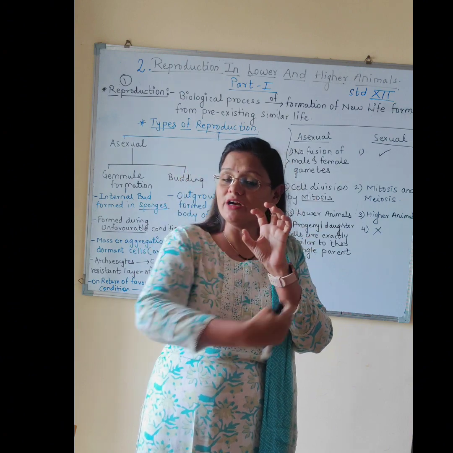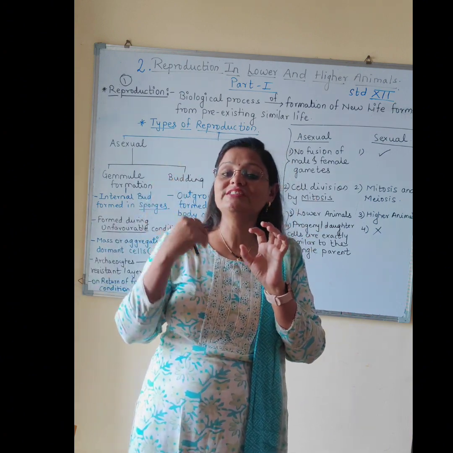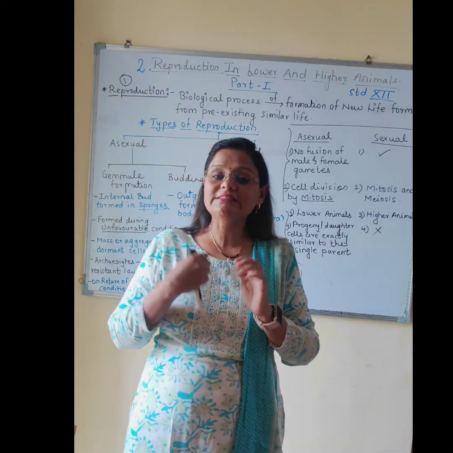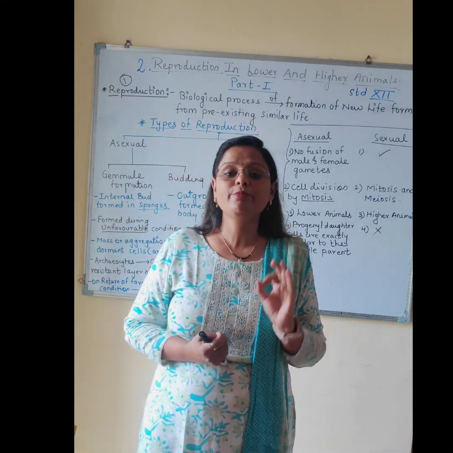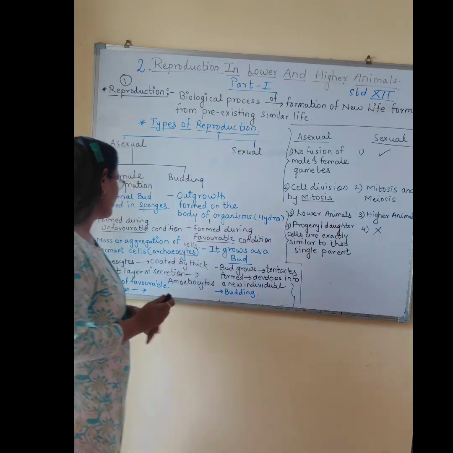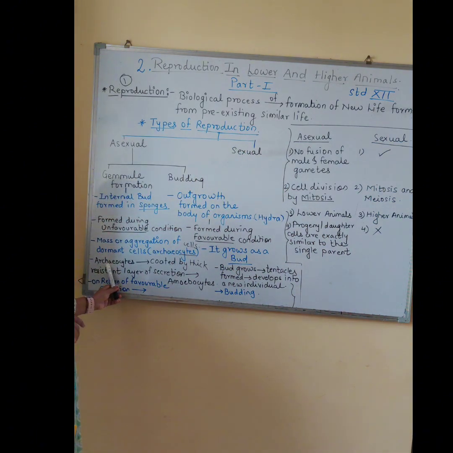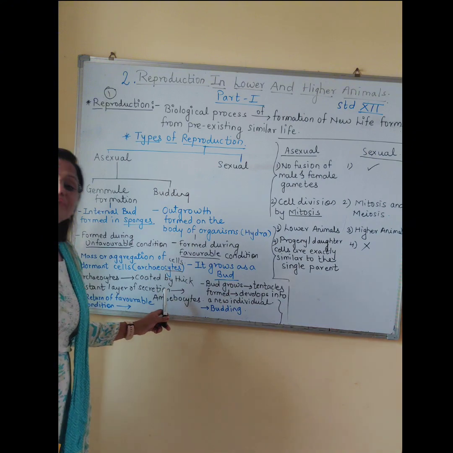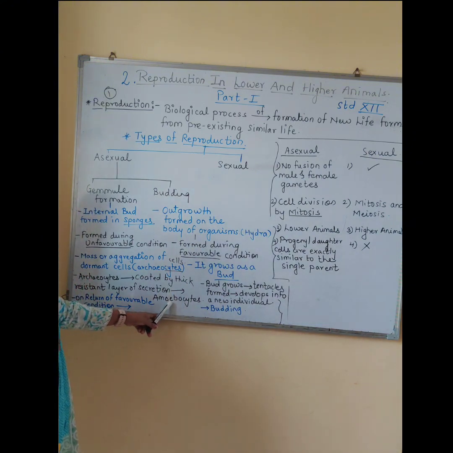They form a tough, resistant cover around the body, and that cover is secreted by amoebocytes. So these archaeocytes are coated by a thick resistant layer of secretion which is secreted by amoebocytes.